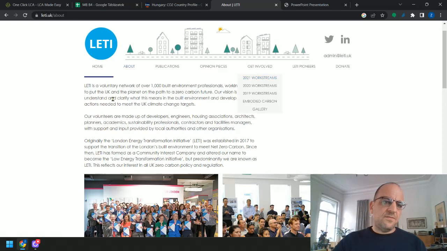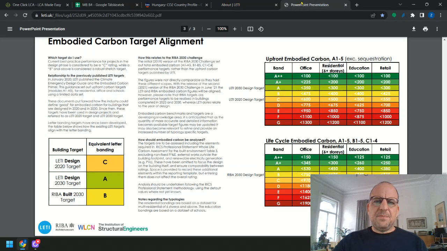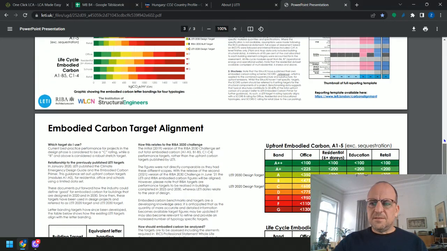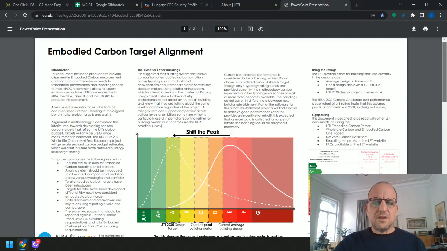We can find benchmarking which is recommended by LETI. This is a voluntary network called the London Energy Transformation Initiative, and they've prepared this embodied carbon target.